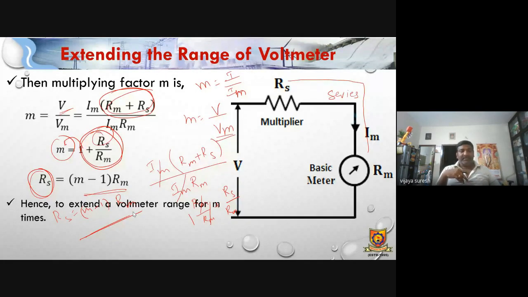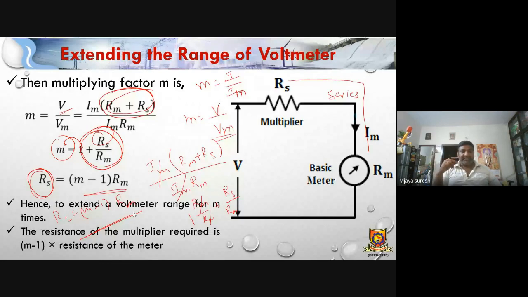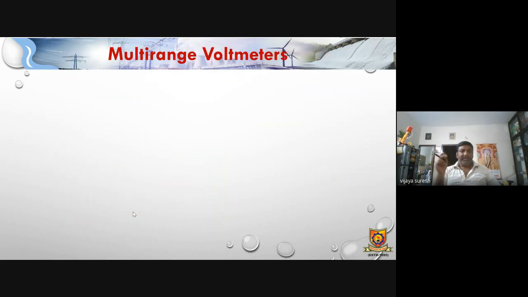Hence, to extend the voltmeter range m times, the resistance of the multiplier required is m minus 1 into the resistance of the meter. So the required resistance is Rs, which is equal to m minus 1 into meter resistance.